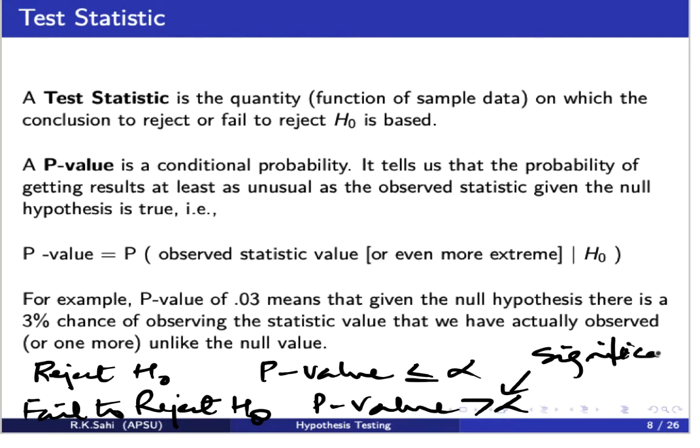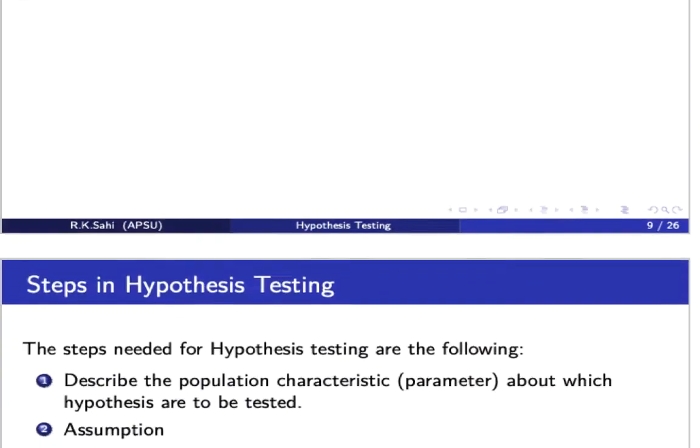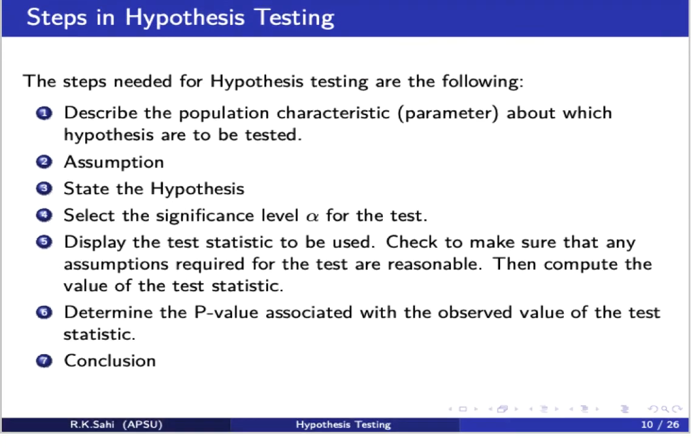Okay, so now we are going to be looking at hypothesis testing about proportions. In other words, what would we need: the assumptions, what is the test statistic, and how do we find the p-values. Okay, so that's what we are going to be working on now, the steps in hypothesis testing.